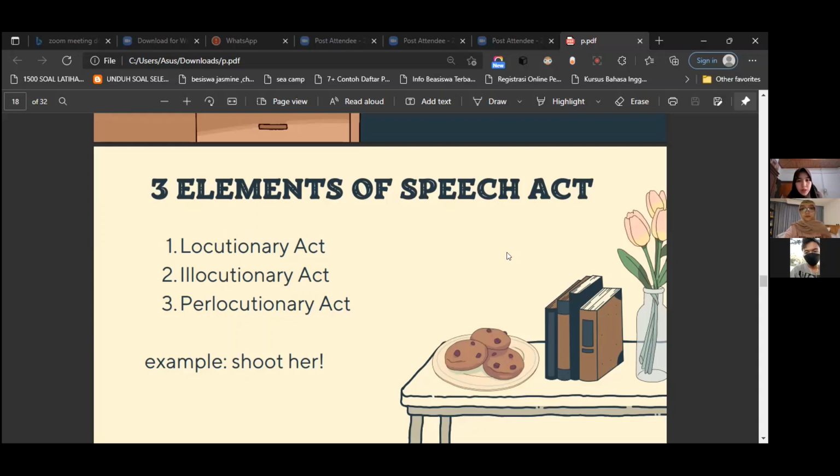The second one is the illocutionary act: because "shoot her" is imperative, it makes the listener want to do that or not. And the third element is the perlocutionary act. In this example, it might have an effect on the listener, like they have to do that or not.